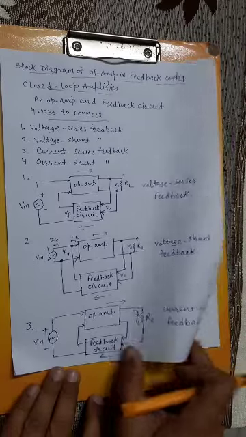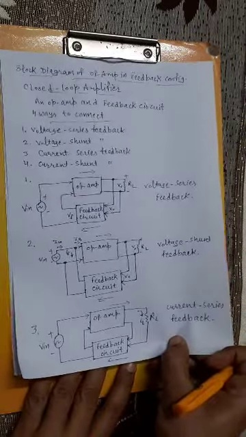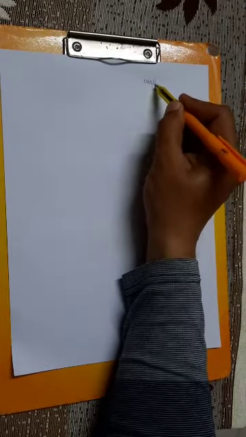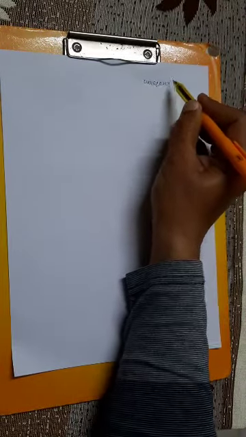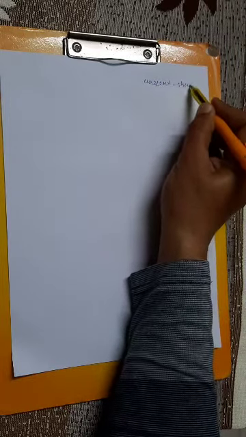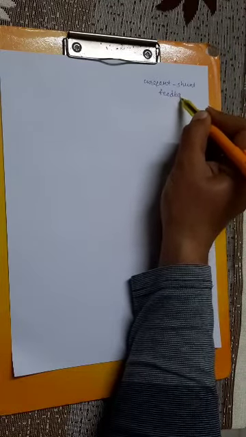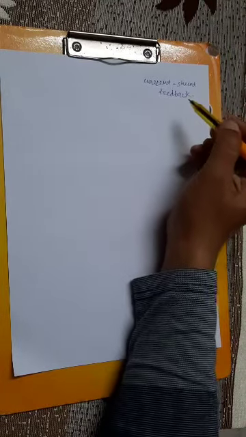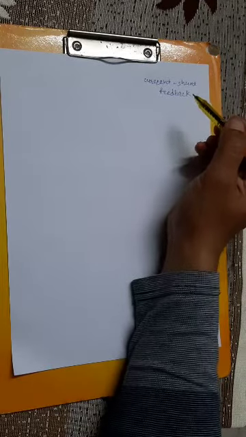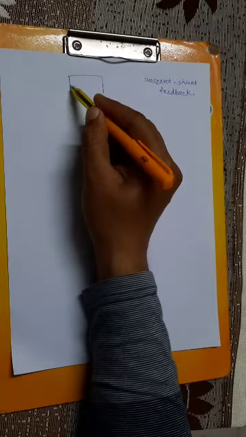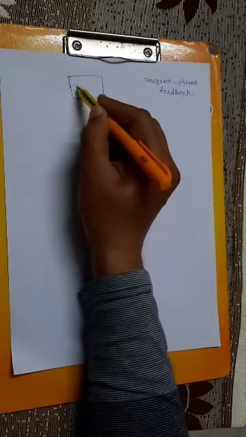Okay, then there is a block diagram representation of current shunt feedback. Current shunt feedback. Okay, we will draw the circuit in the same way with minor differences.